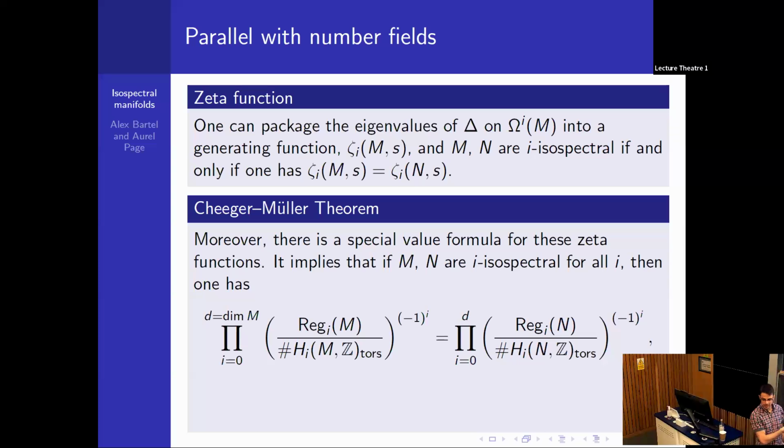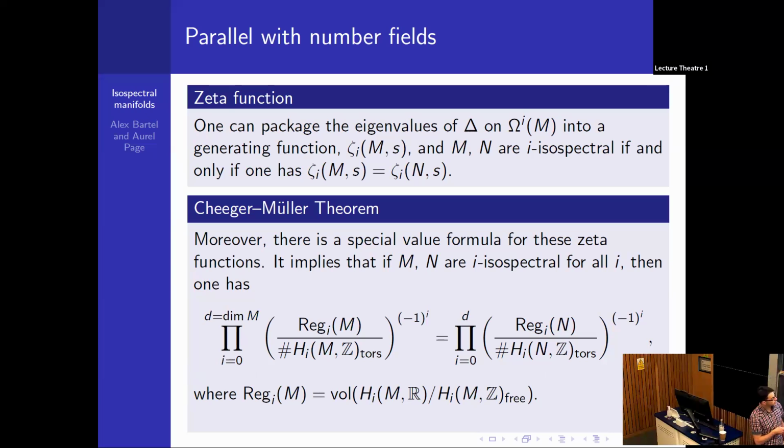And what is this regulator? That is sort of like a regulator of a number field. It's the co-volume of integral homology inside real homology with respect to a certain canonical pairing. You use the Hodge star operator, which we've also seen in the course of the week, to cook up a pairing.